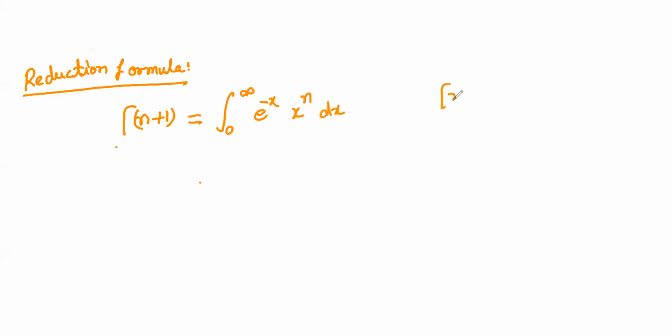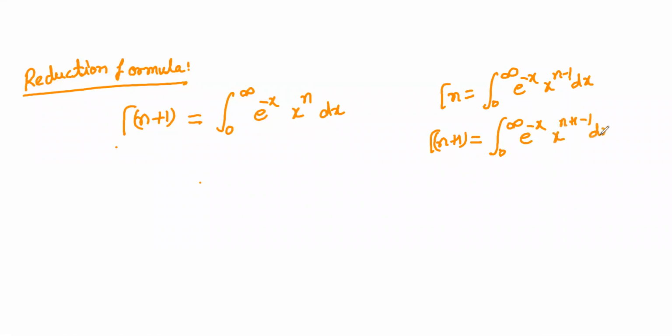See, for gamma n you have written the integral from 0 to infinity of e raised to minus x, x raised to n minus 1 dx. So gamma n plus 1 will be, instead of n, you write n plus 1. So the 1 will cancel, and this will be gamma n plus 1. Now I would like to convert this function into the gamma function, meaning gamma n.